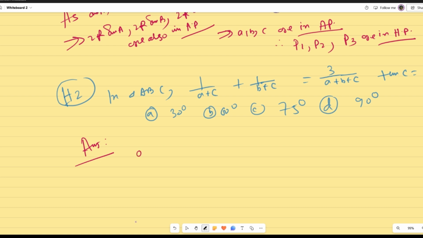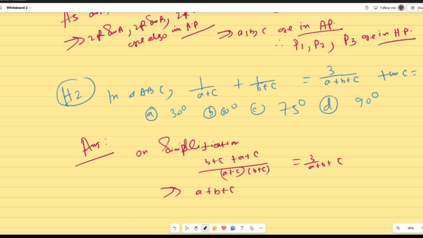On simplification we get, this implies A plus B plus C into A plus C B plus C.